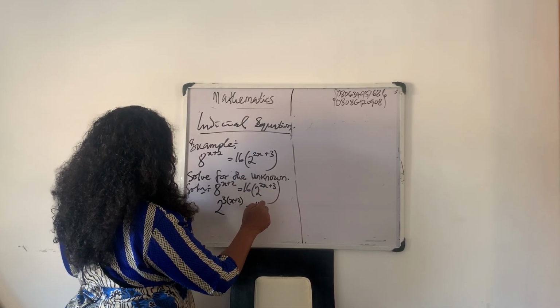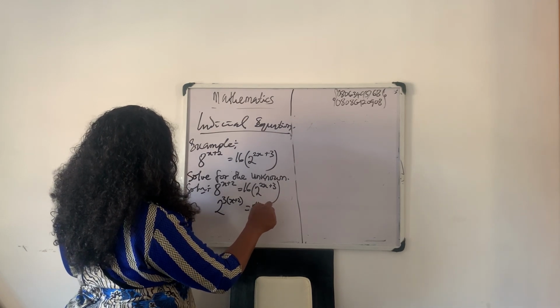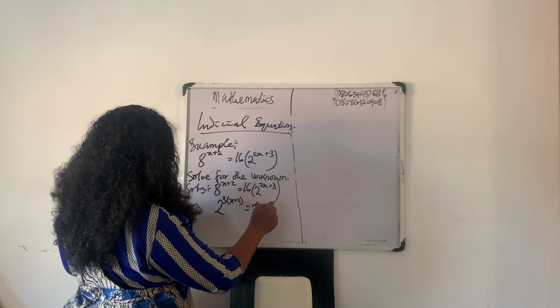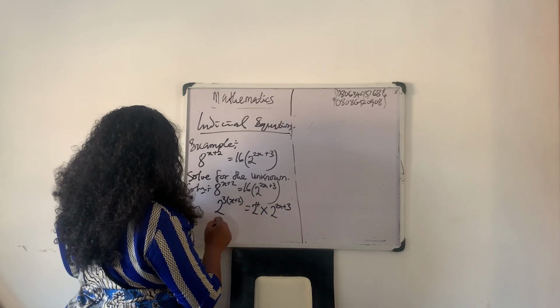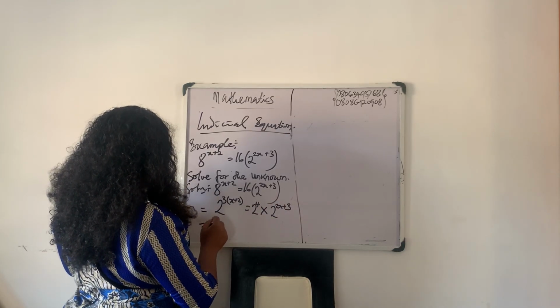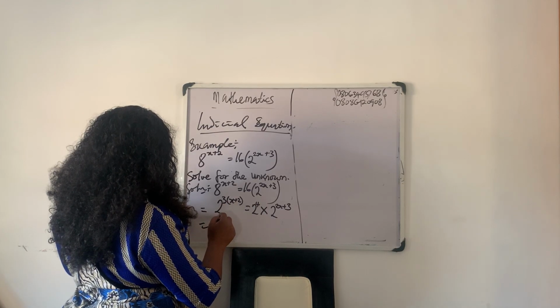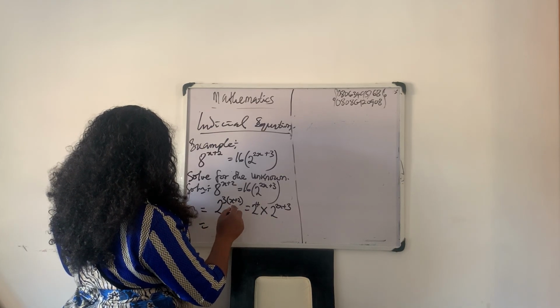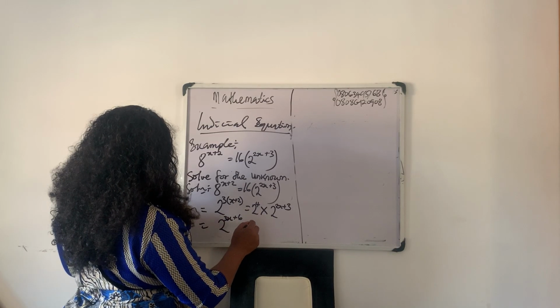Remember, in laws of indices, the multiplication or product rule is applying here. So we have 2 raised to the power 2x plus 3. You come again: 3 times x is 3x, 3 times 2 is 6.